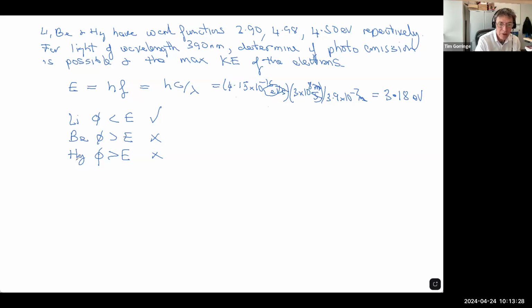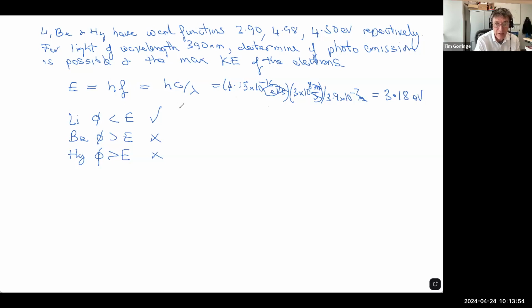And similarly for mercury. Mercury has a work function that's 4.5 electron volts. That too is bigger than the photon energy, 3.2 electron volts. So the work function phi is bigger than the photon energy E. So for mercury, you also can't have photoemission of electrons with that color, wavelength, frequency, energy of light.